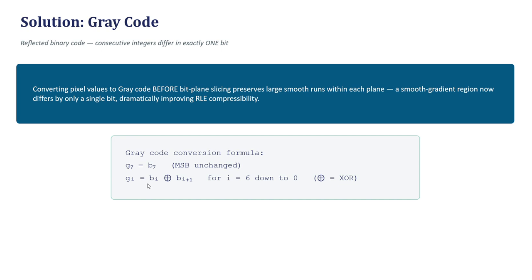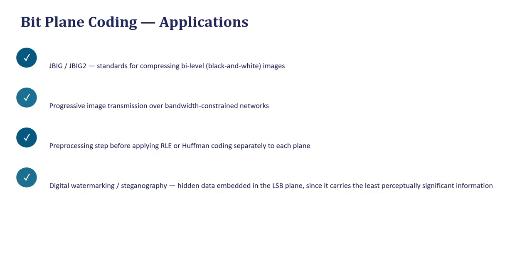Let's say G6 is equal to the bit 6 XOR the bit representation of the higher bit, bit 7. Like this it has to be done for each and every pixel value, and only then I will perform bit plane coding.